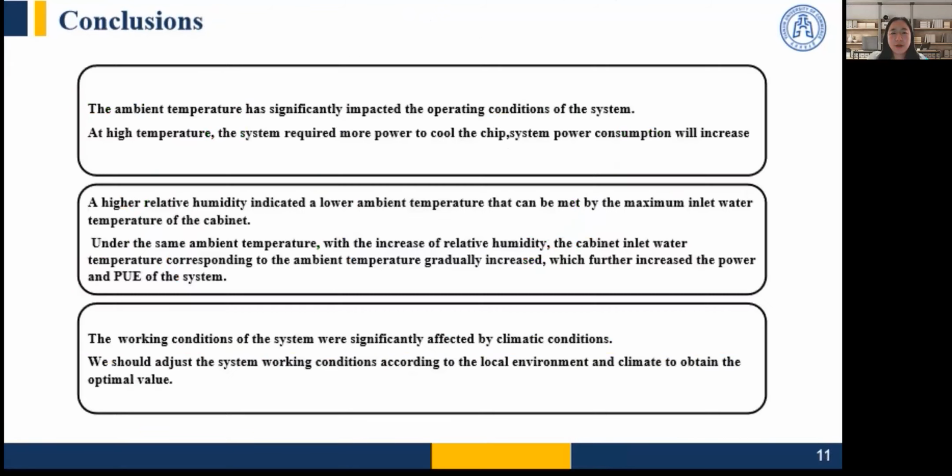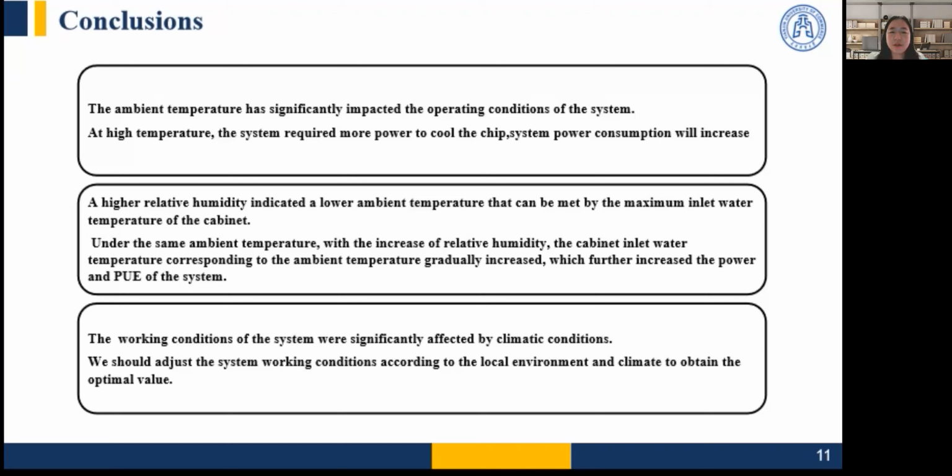Through the above research, the following conclusions are obtained. 1. The safety temperature of the chip was set at 17 centigrade, and the maximum water inlet temperature was 34 centigrade.